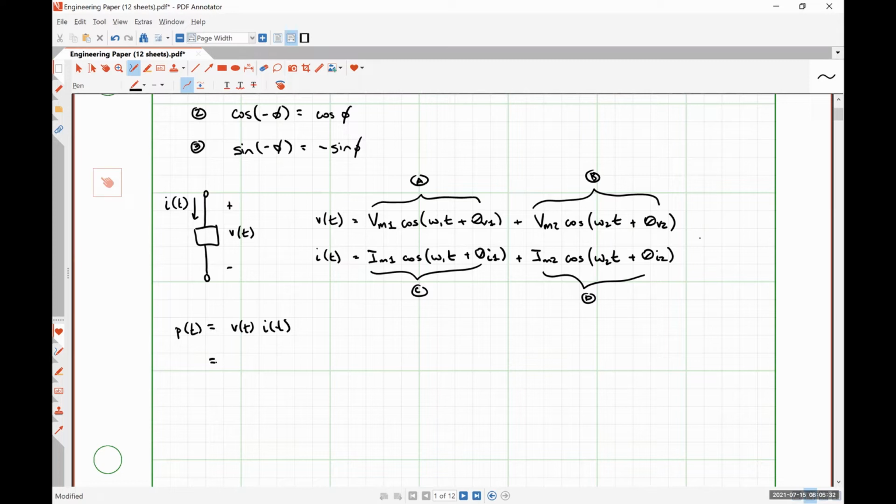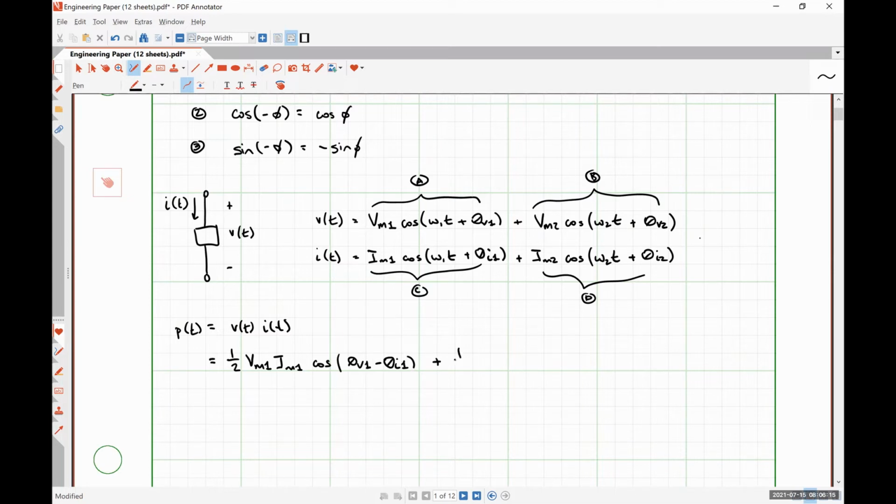The first term is when I multiply term A by term C, because I have to FOIL this out effectively. Using the first trig identity, that would be 1/2 Vm1 Im1 cosine of omega 1t plus theta V1 minus omega 1t plus theta I1, which just gives us theta V1 minus theta I1.